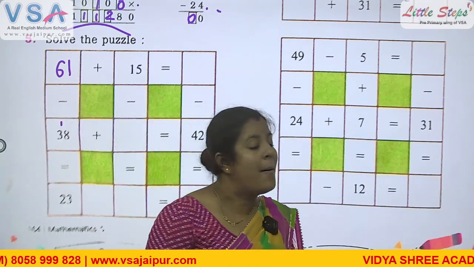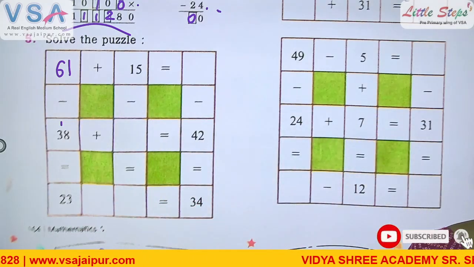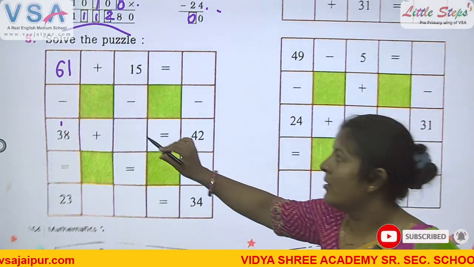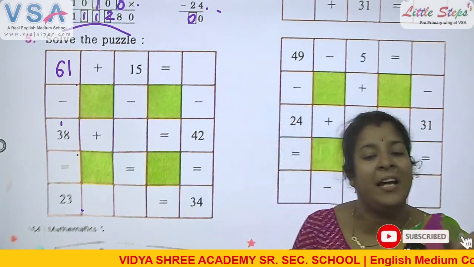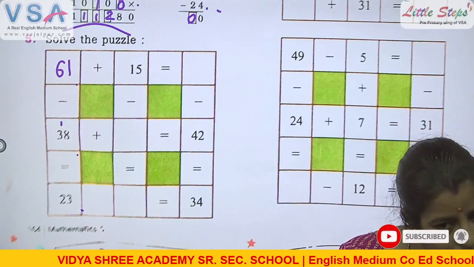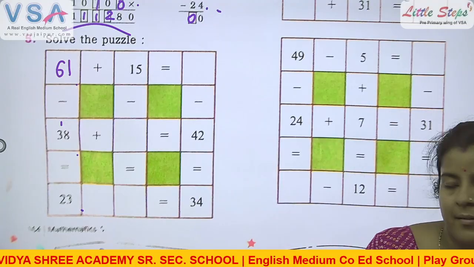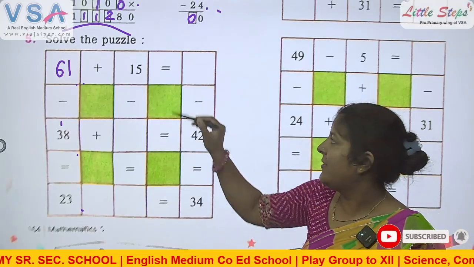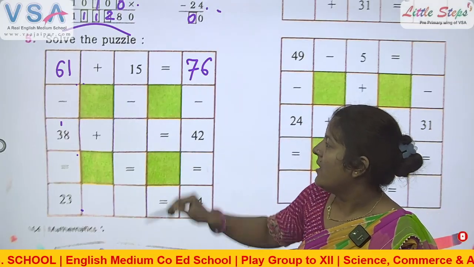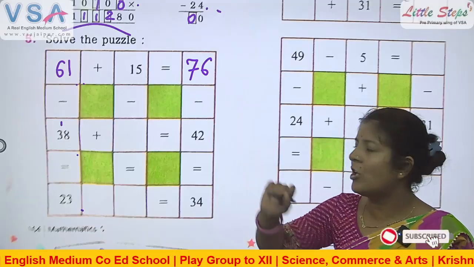For the upper values of the subtraction, we can find this number. Then with this absolute number, what do we do? Addition. Do you know? Okay. And 61 plus 15, 70. And this one: 38 plus dash equal to 42.